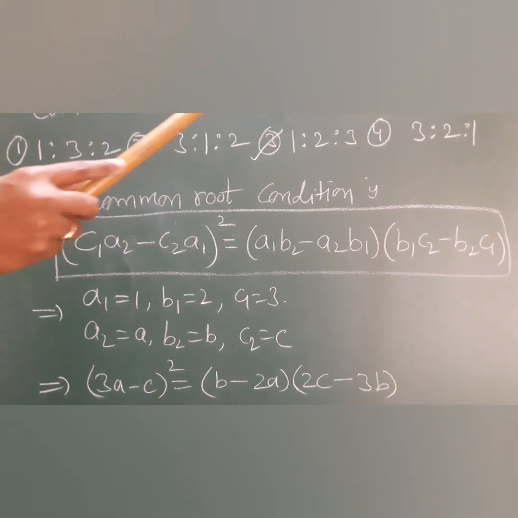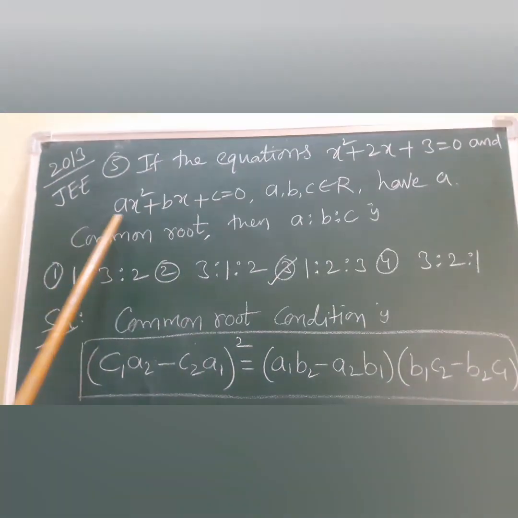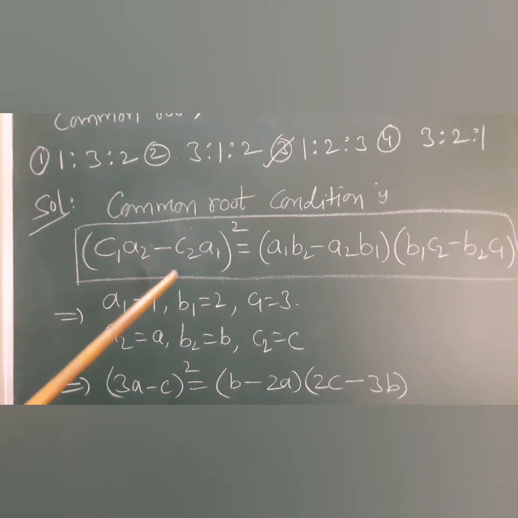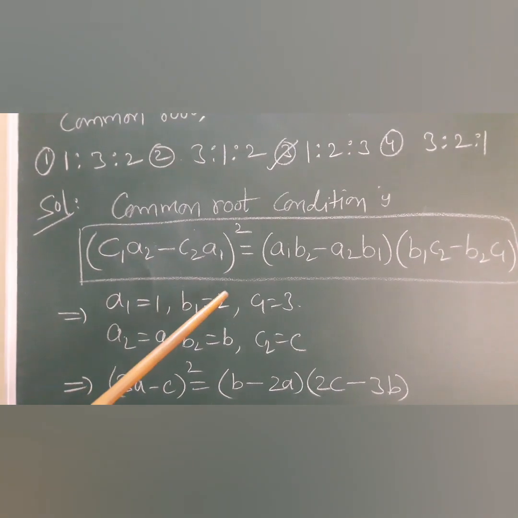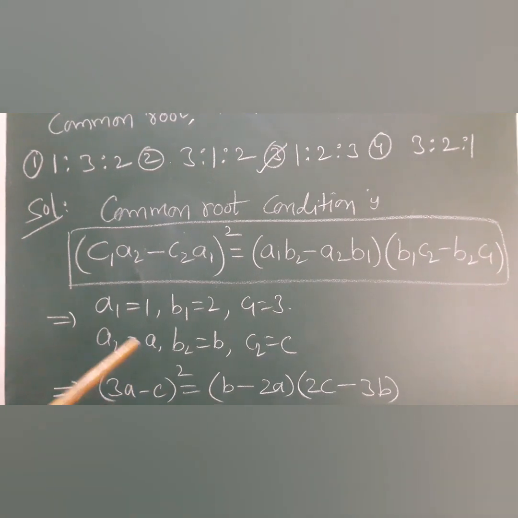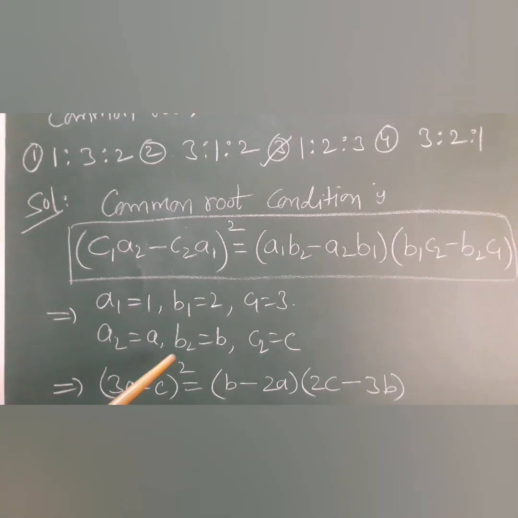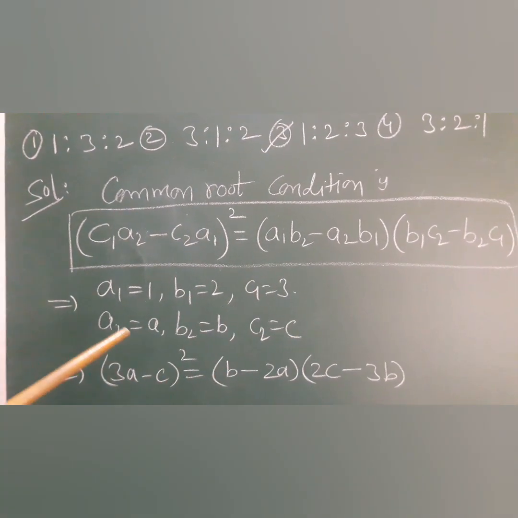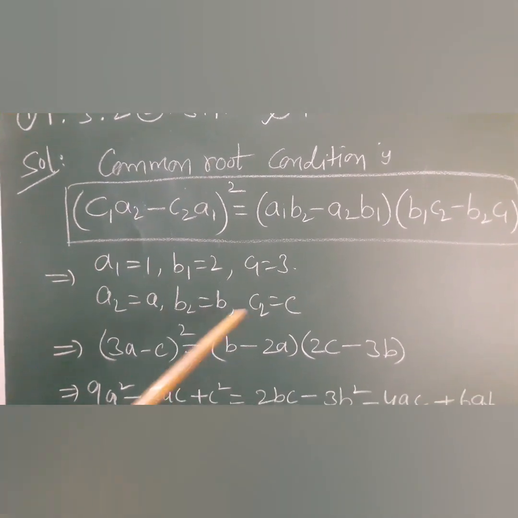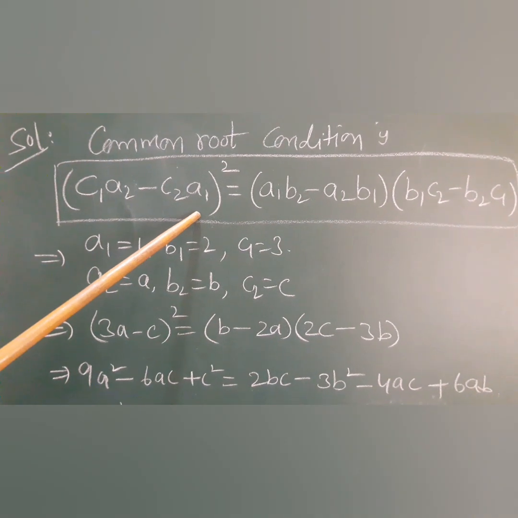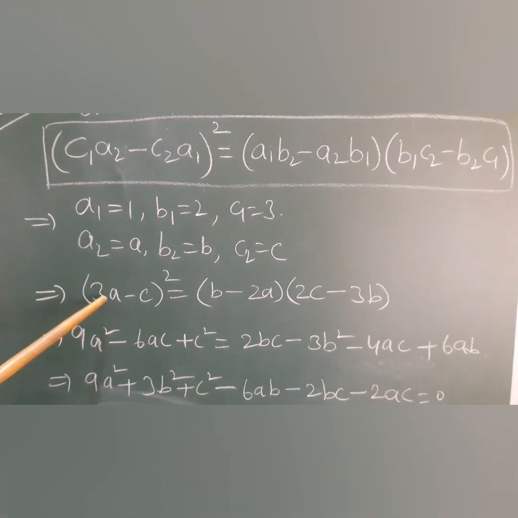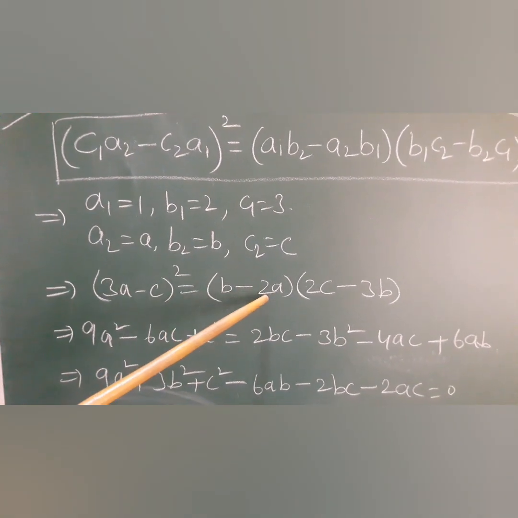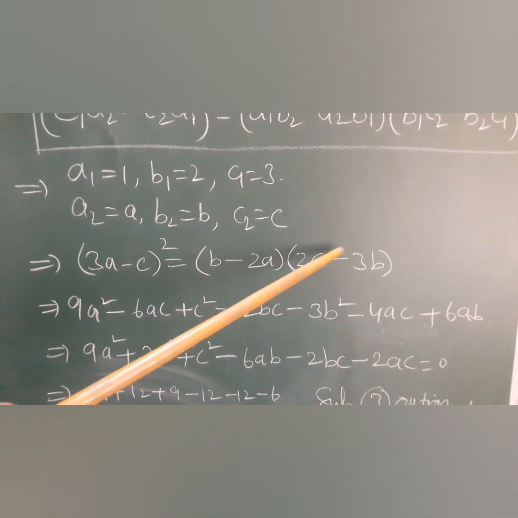From the given equations, we take a1 is equal to 1, b1 is equal to 2, c1 is equal to 3, a2 is equal to a, b2 is equal to b, c2 is equal to c. By substituting these values in the given condition, we get (3a minus c) whole square is equal to (b minus 2a) into (2c minus 3b).